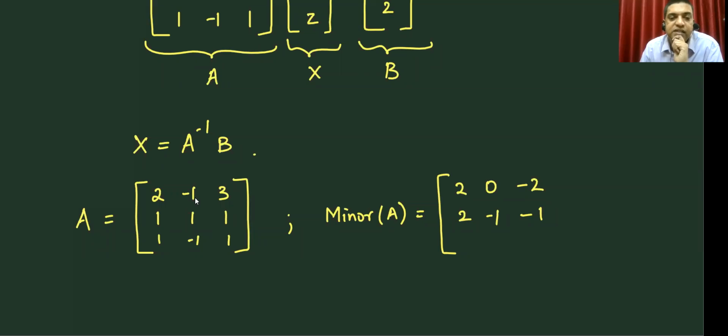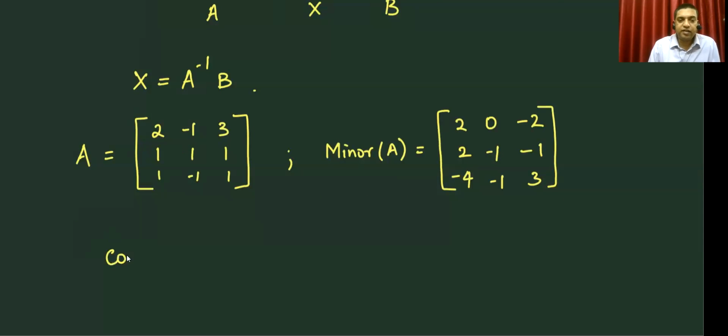For this minor the determinant is minus 1 minus 3, which is minus 4. The second term here, remove this row, this column. You have 2 minus 3, which is minus 1. And last one, 2 plus 1 is 3. This is the minor.